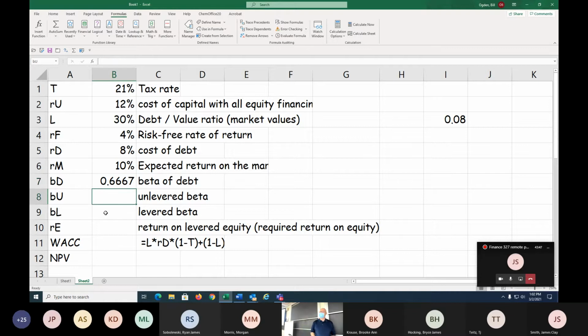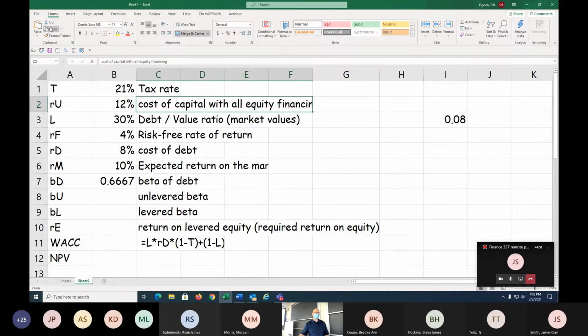Let's keep going. Unlevered beta. Okay. Exact same procedure. We're going to see what the ratio of the premium above the risk-free for the unlevered rate, RU. What is going on here? Why are they cutting me off on these?